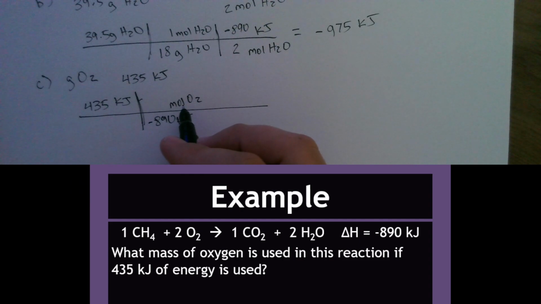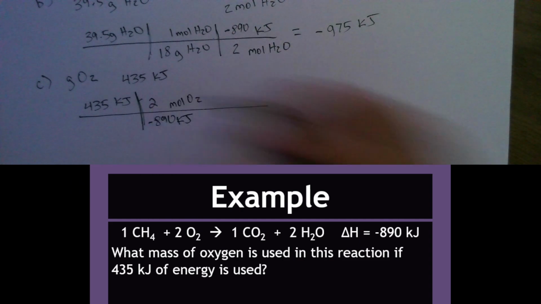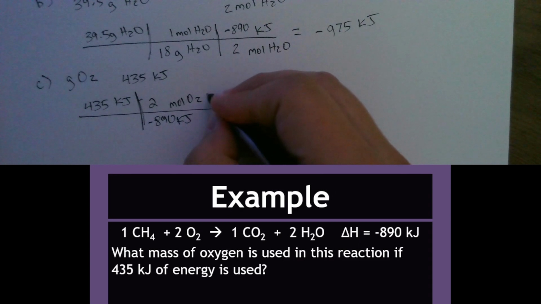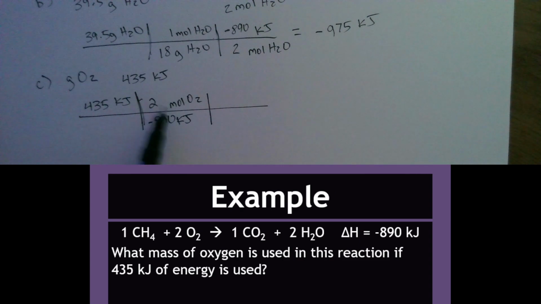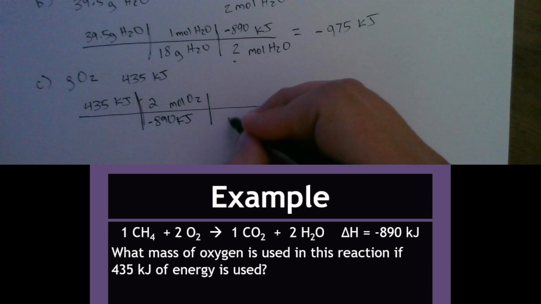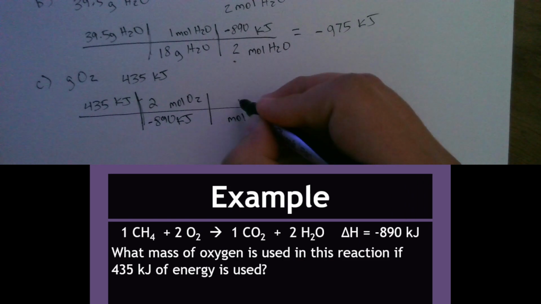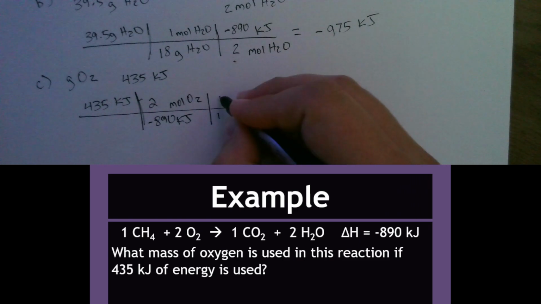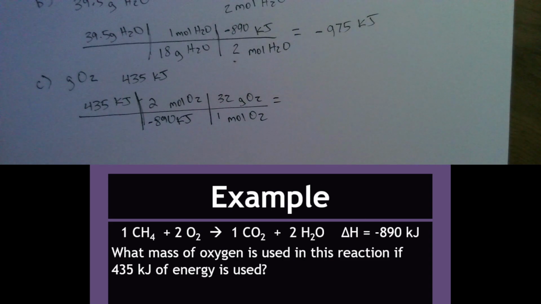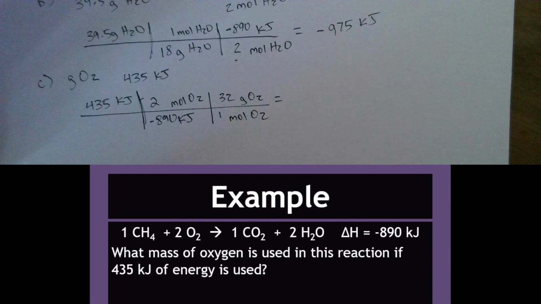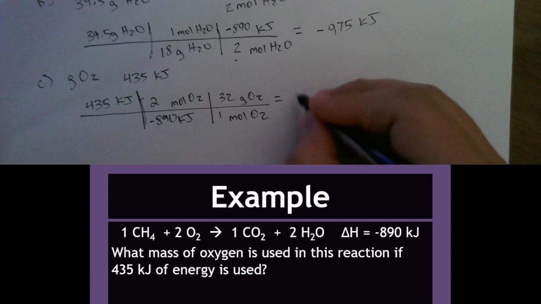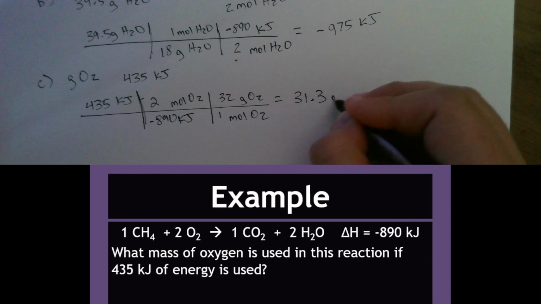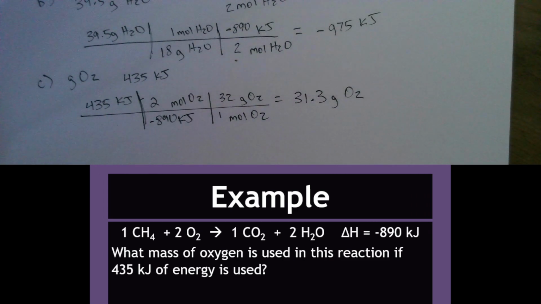My coefficient of moles in my reaction is 2, so I'll put a 2 there. That gives me moles of O2. I want grams of O2, so I'm just going to convert moles of O2 into grams of O2. 1 mole is about 32 grams. Multiply all that across, and I get 31.3 grams of O2 if I round.